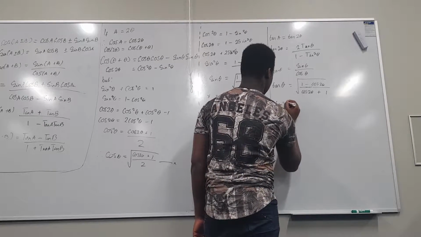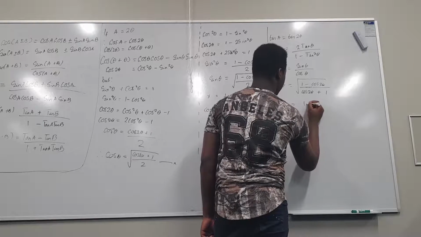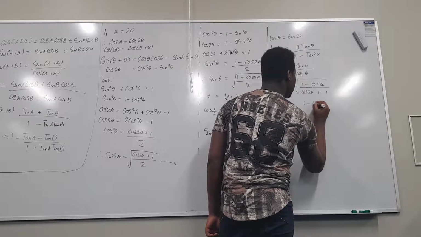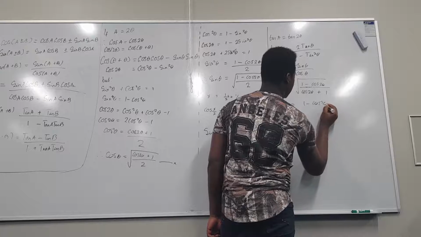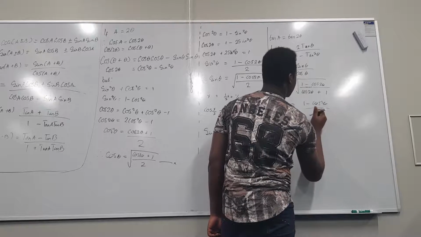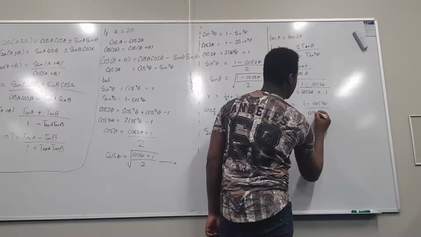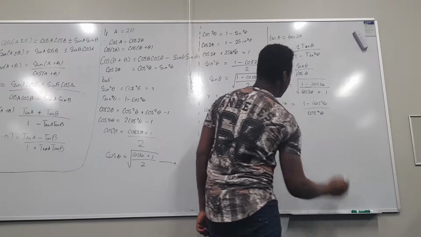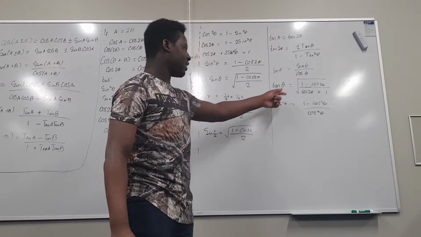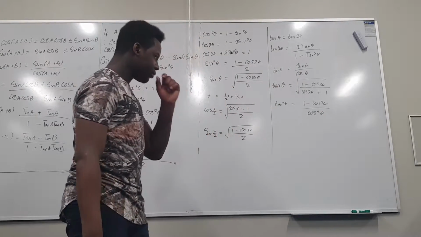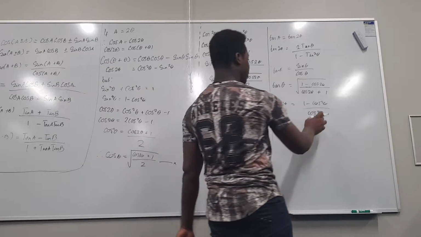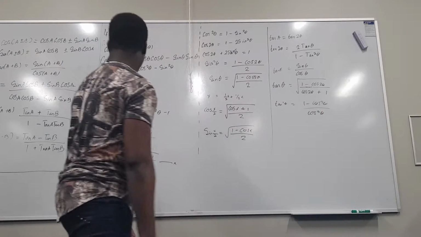So you can write tan squared theta is equal to 1 minus cosine squared theta divided by cos squared theta. Write everything in terms of cosine, because the answer here is in terms of cosine.